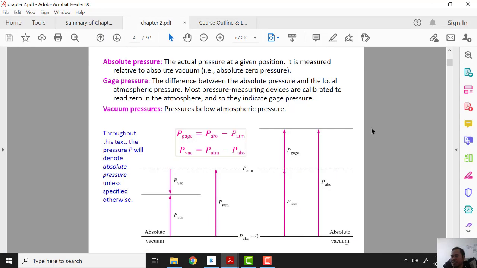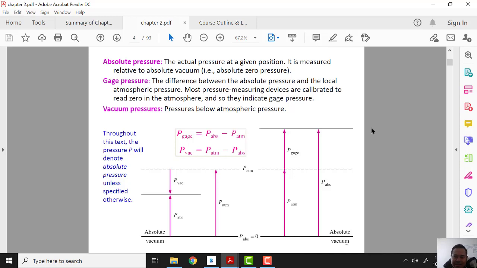Pressure is divided into 3: absolute pressure, gauge pressure, and vacuum pressure. How do we define them? Absolute pressure is the actual pressure at a given position, measured relative to absolute vacuum.